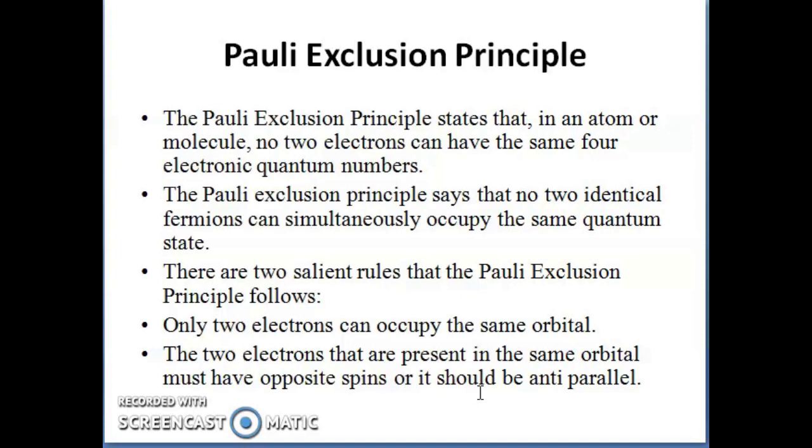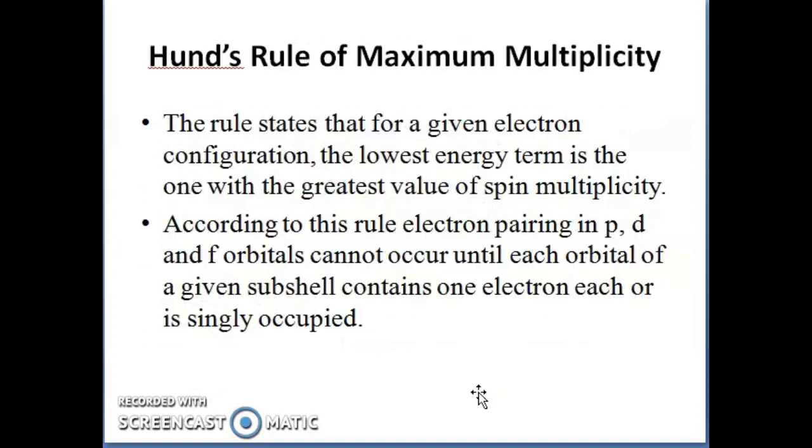And the third rule which we should have in mind when we are filling the electrons is Hund's rule of maximum multiplicity. According to this rule, for any given electron configuration, the lowest energy term is the one with the greatest value of spin multiplicity.